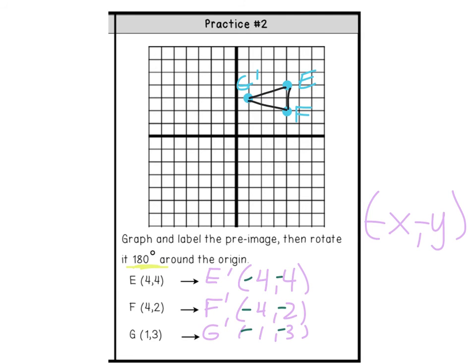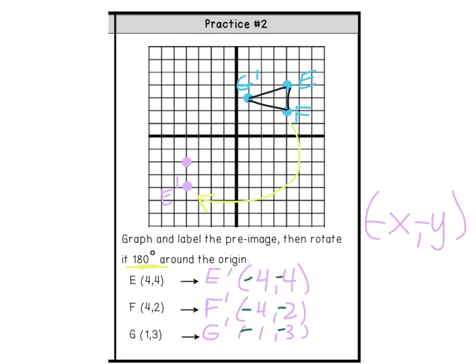So now we're going to rotate it 180 degrees. That means it's going to move 2 quadrants for a 180. And we already have our ordered pairs ready to go. So let's go -4, -4, which will be right here, and you're going to mark that E prime. And -4, -2, be right there.